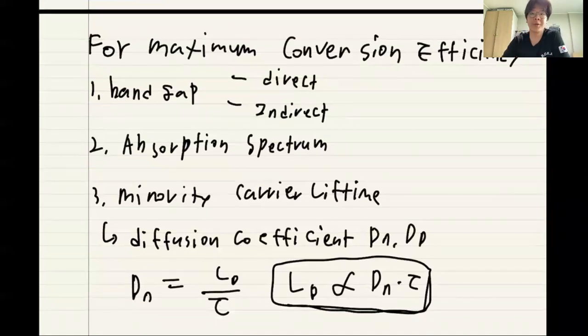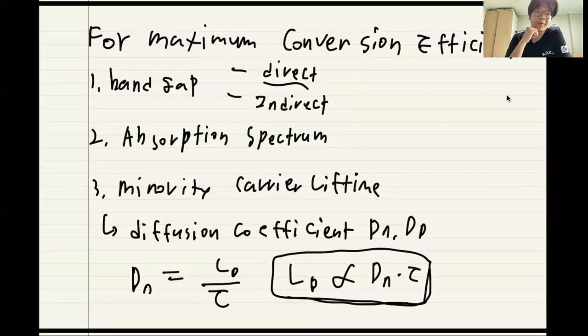For maximum conversion efficiency, we now know that the band gap should be direct, and we should know which spectrum of light we want to observe. After electron-hole pair generation, the current flowing mechanism is diffusion current.